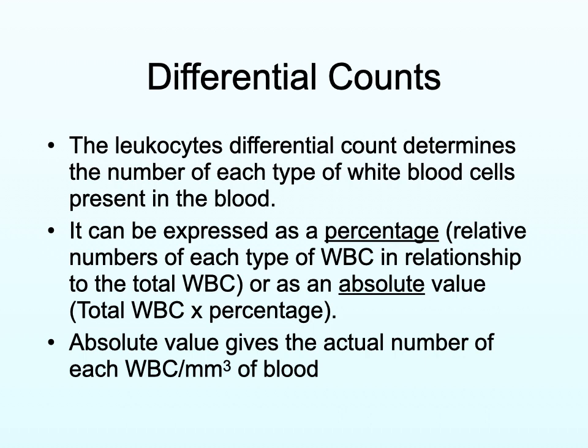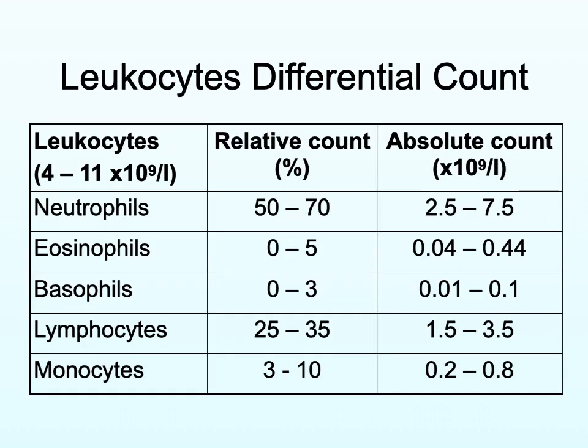The absolute value gives the actual number of each white blood cell in every cubic millimeter of blood. So this is a list of white blood cells showing the relative counts and absolute counts in the peripheral blood of normal individuals. The total white blood cells is between 4 to 11 times 10 to the power of 9 per liter.